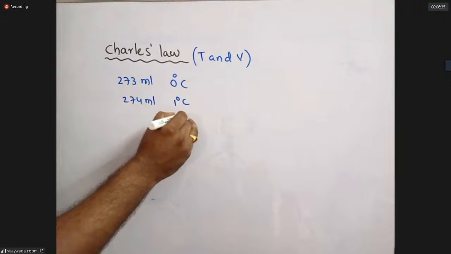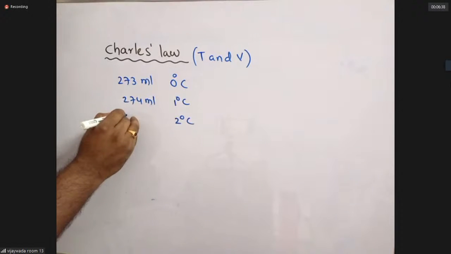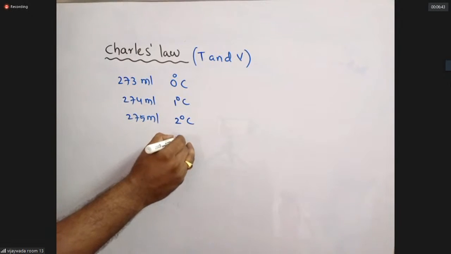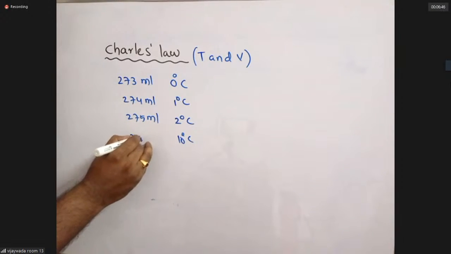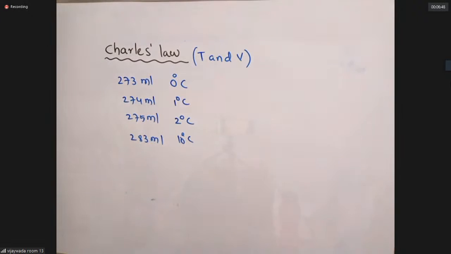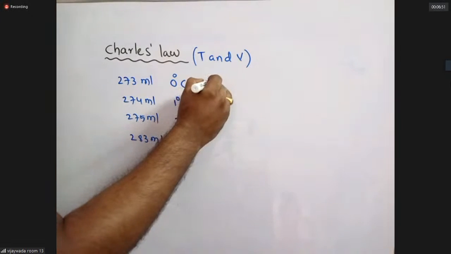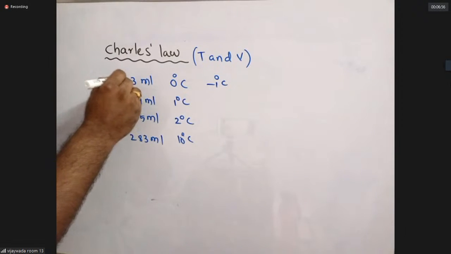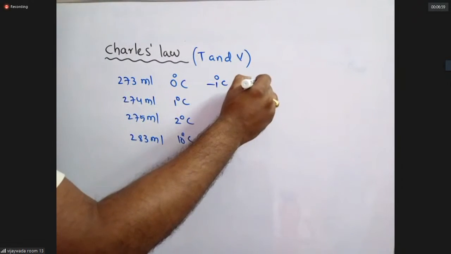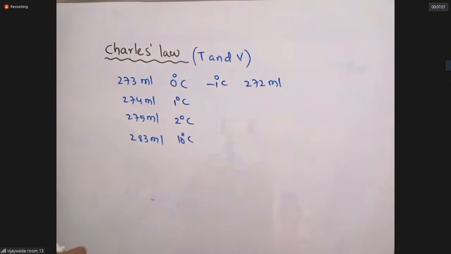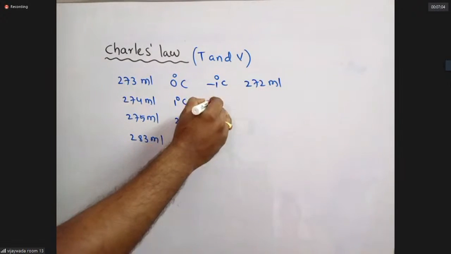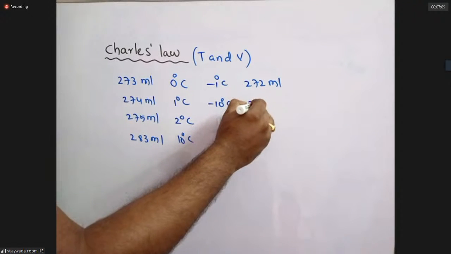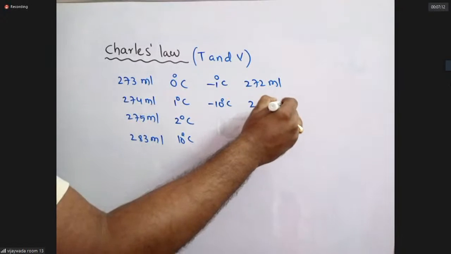By increasing 2 degrees, the volume increased by 2 ml. 10 degrees, 10 ml. By decreasing 1 degree, minus 1 degree, the volume decreased by 1 ml, 272 ml. By decreasing minus 10 degrees, it is 263 ml.